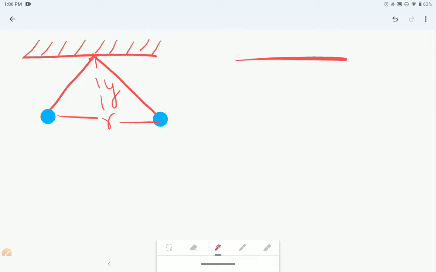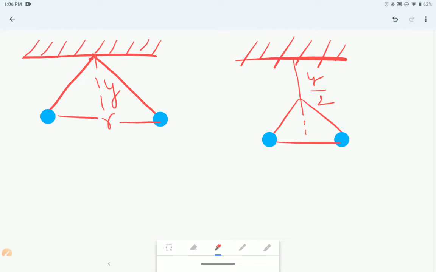Now we are asked to find out, if the same clamp is at a distance y by 2, so that these two strings were brought up to here, and now this is r dash.